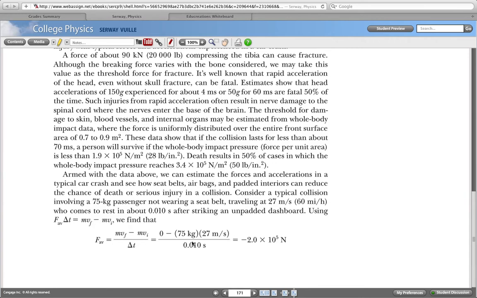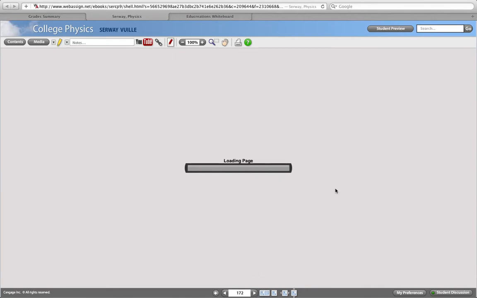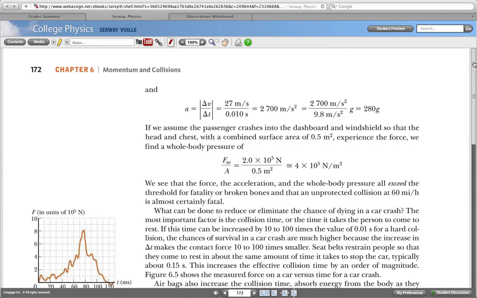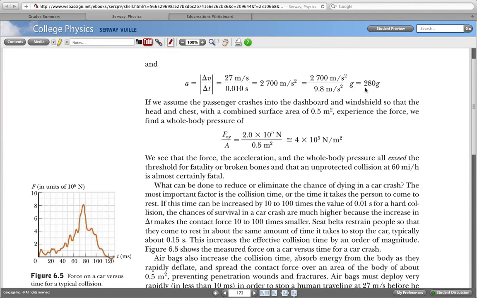So you're going to calculate the average force. A person not wearing a seatbelt hits an unpadded dashboard, and they change their momentum in a certain amount of time, and they get negative 2 times 10 to the 5th newtons of force. It turns out that's very dangerous because they get an acceleration of 280 g, 2,700 meters per second squared.